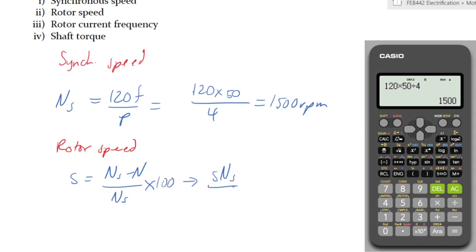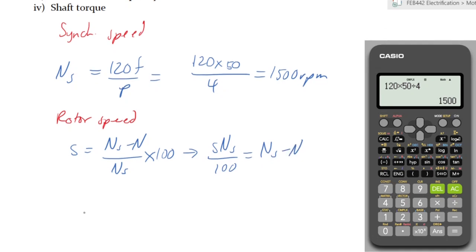So s ns over 100 is equal to ns minus n, which then becomes N equals NS into 1 minus S over 100, right?